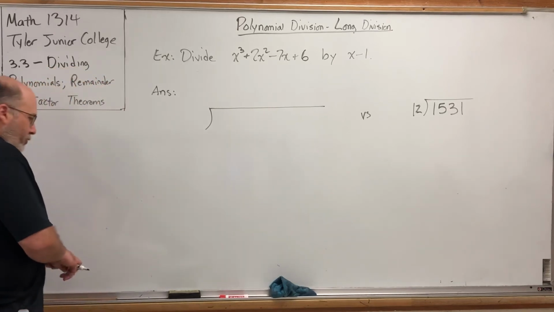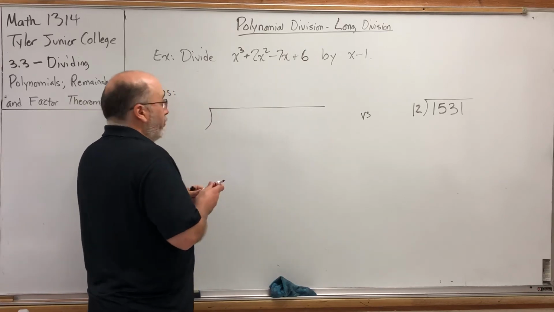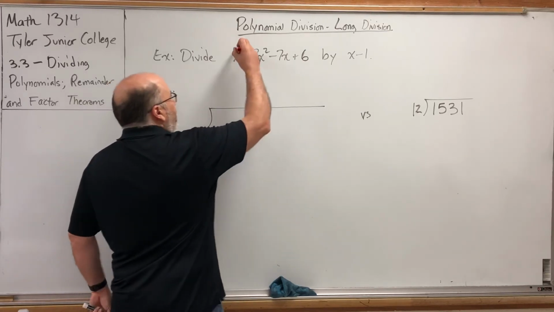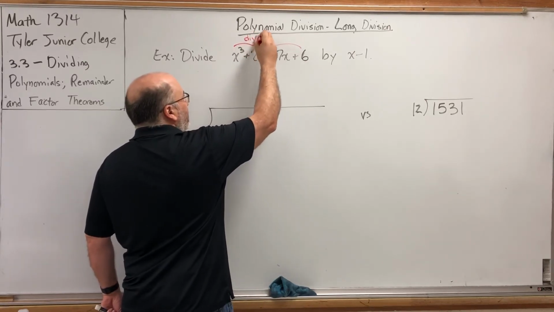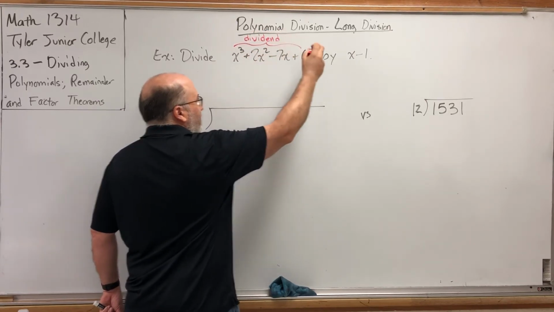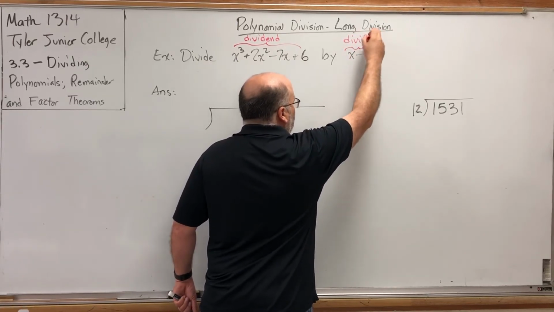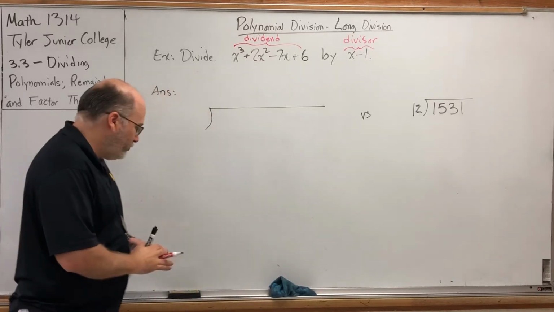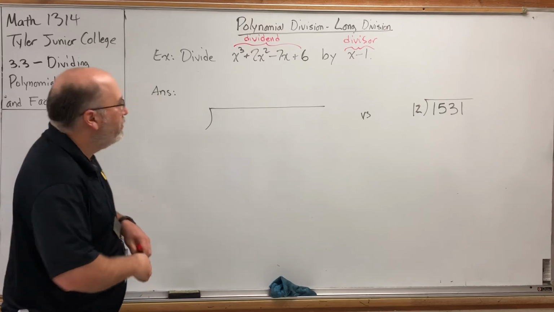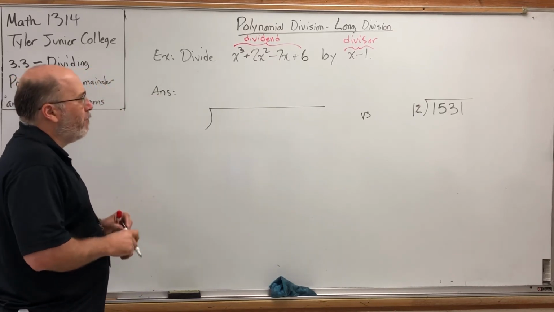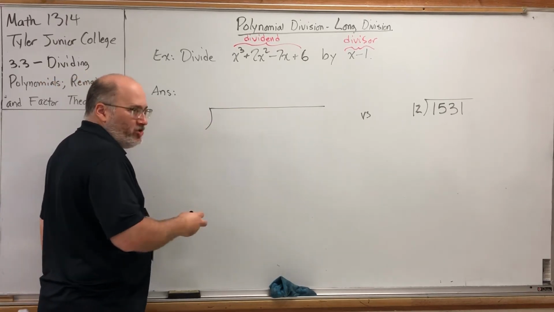Well, first you need to know who is who. When you're doing a polynomial or any division problem, the expression that you're dividing into is called the dividend, and the expression you're dividing by is called the divisor. And as usual, like with the numerical long division problem, which we're going to work in a moment, when you set up a long division problem for polynomials, you write the divisor on the outside of what I call a division house.